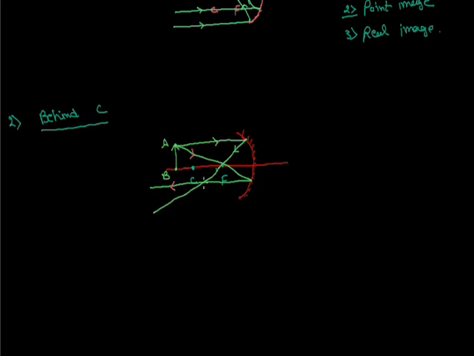Now these two rays meet at this point, which means the image of point A is obtained here. So we can represent this as A dash.